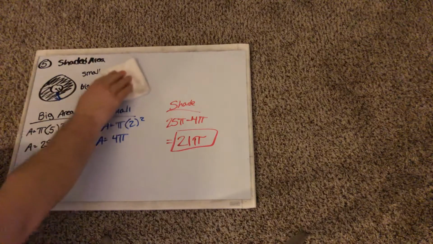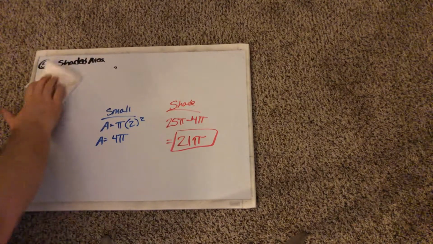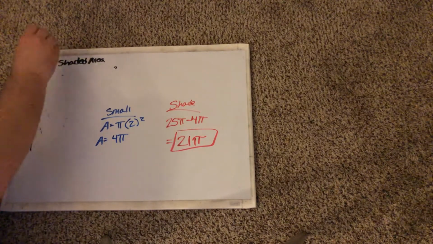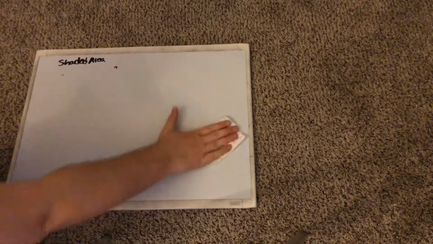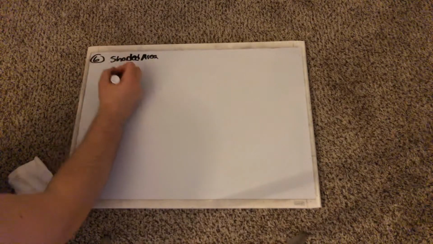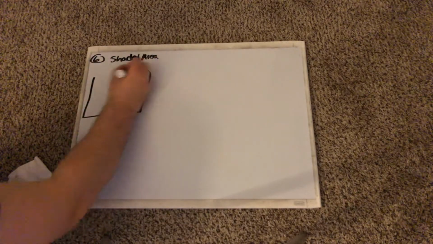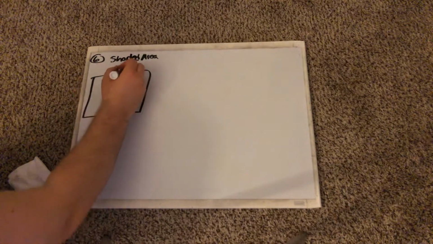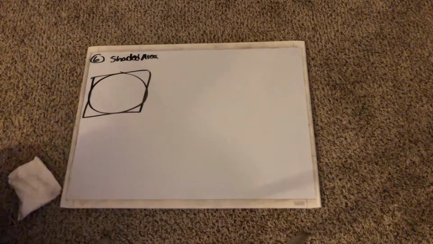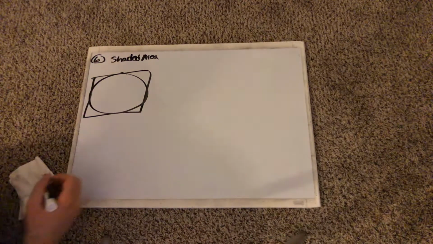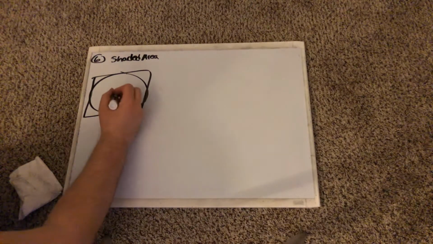Okay. Not too bad. Number 6, we're also finding the shaded area. Got a box. Got a circle. My drawing skills are not the best, but bear with me.